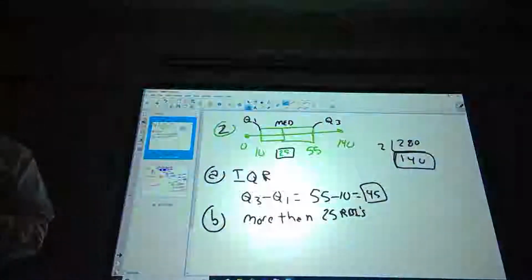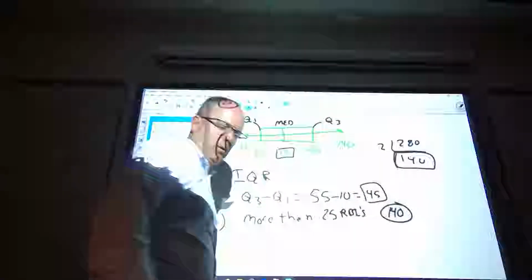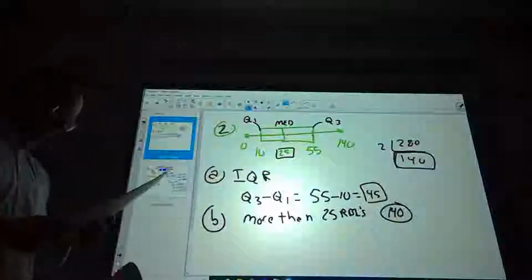So how many people hit more than 25 RBIs if half my data is above and half my data is below? All my data is 280. So half above is 140. So we had 140 batters that had more than 25 RBIs in this baseball season.